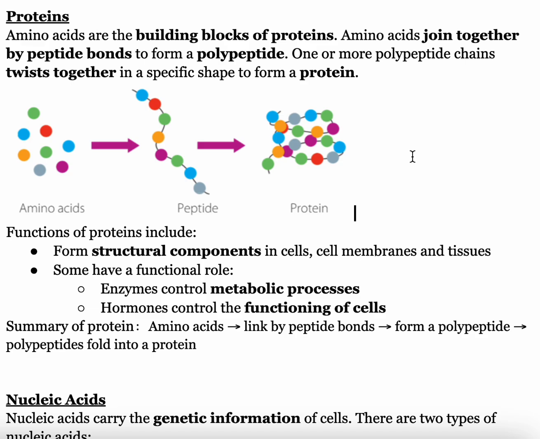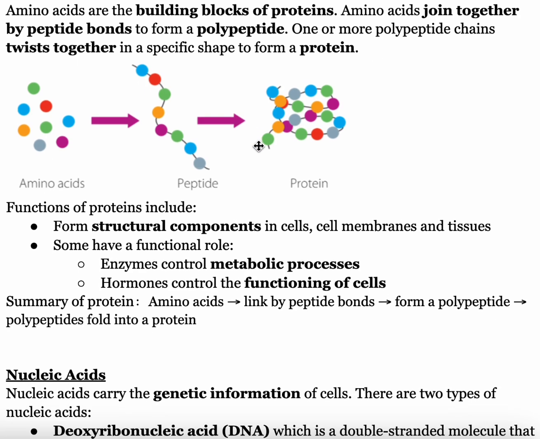Amino acids are the building blocks of proteins. Amino acids join together by peptide bonds, and these form polypeptides. One or more polypeptide chains twist together and form a protein, and these have to form in a specific shape as well.